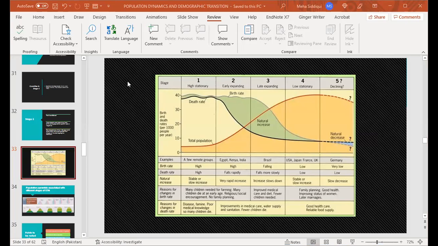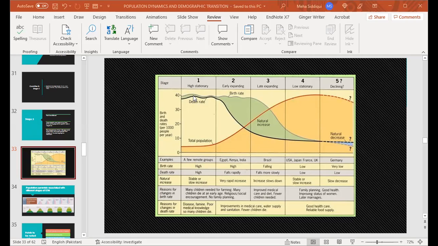Okay, ma'am. In this graph, the 5 stages of demographic transition, population transition, are shown. The first stage is usually seen in very remote areas, while other countries have already reached stages 2, 3, and 4. In stage 1, there is high birth rate and death rate.